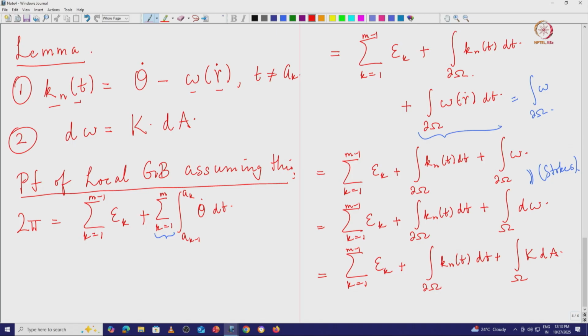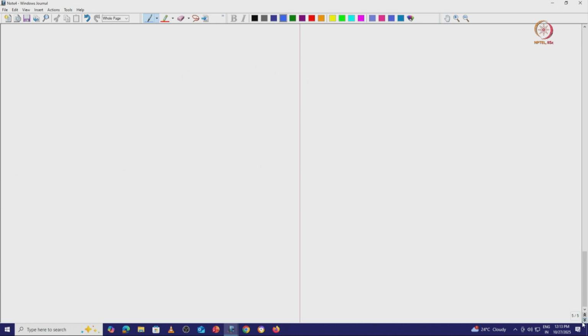So that completes the proof of the local Gauss-Bonnet. So essentially we have reduced the proof to these two important calculations. Okay, so let's prove the lemma. So let me rewrite the lemma for your convenience. Or let me do the following. So let's prove the lemma.